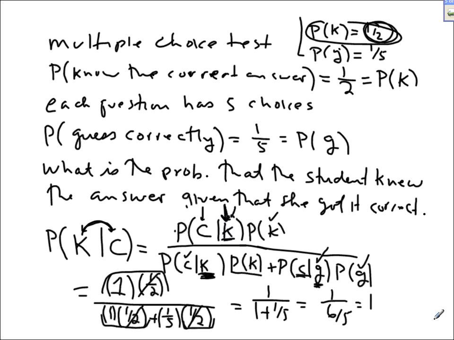And I'll keep the numerator the same, and I'll multiply by the denominator flipped over. 1 times 5/6 is 5/6. 5/6 of the time, if you're correct, you knew it. 5 out of 6 times that you got the correct answer, it's because you knew it.